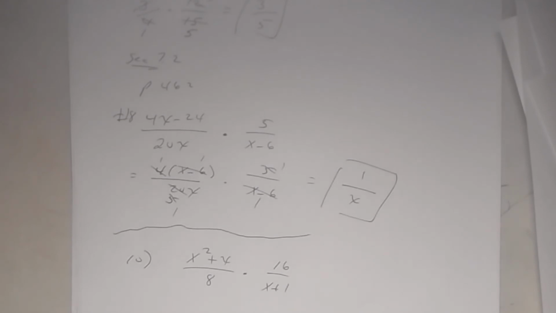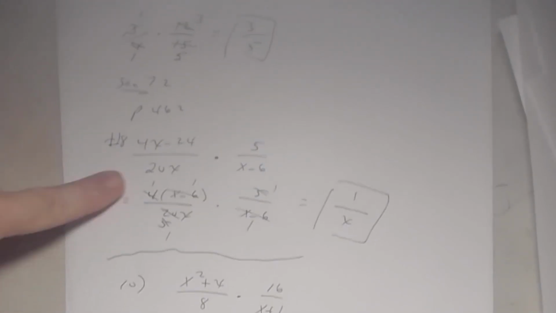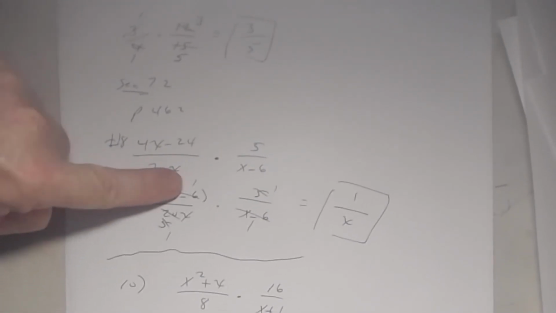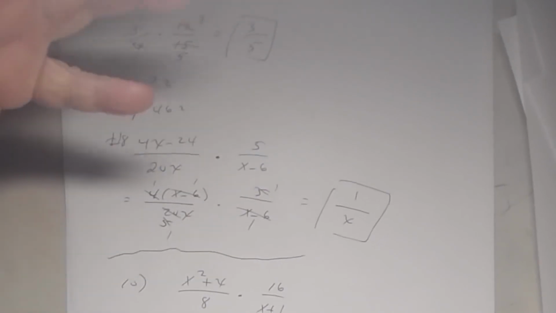Now, what some students do is, you see how when we did number 8, the only thing you could have factored was that first numerator, and I just rewrote everything else over on the next line. What you may want to do is notice that the only thing you can factor in this case is the x squared plus x.